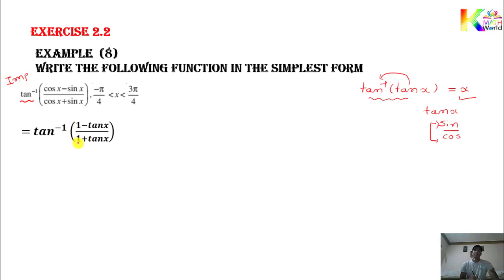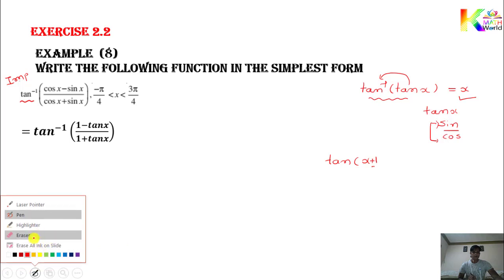Still you are not getting everything in terms of tan like this, so we need to set a formula here. For that you have a formula like this, either plus or maybe minus.